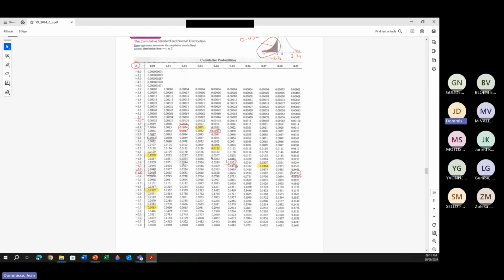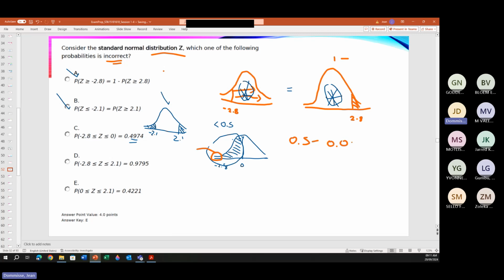So minus 2.8 has a 0.0026. So if we work that out, 0.5 minus 0.0026, we get 0.4974, which is correct.